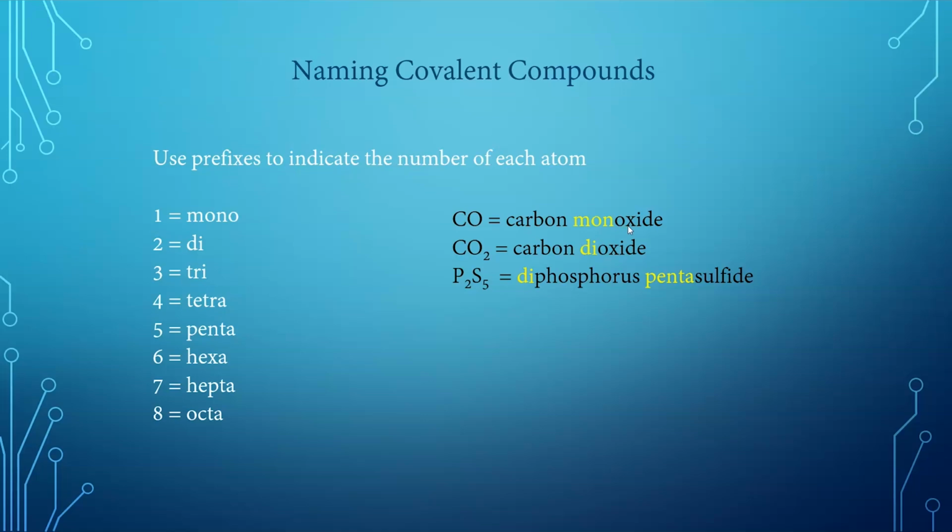Because oxygen begins with a vowel, we normally leave off the vowel. For example, if you had 4 oxygens, you wouldn't call it tetraoxide. We would normally just call it tetroxide. If the second element begins with a consonant, then we go ahead and leave it as it is.